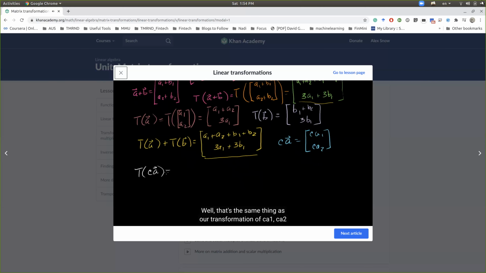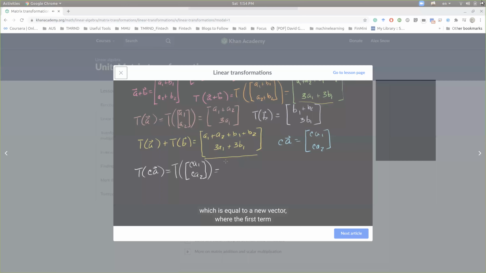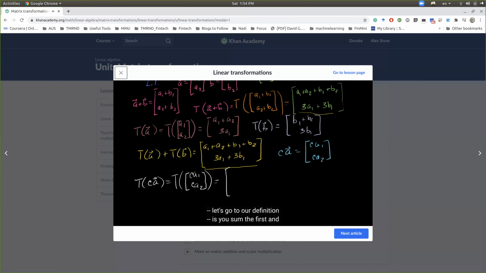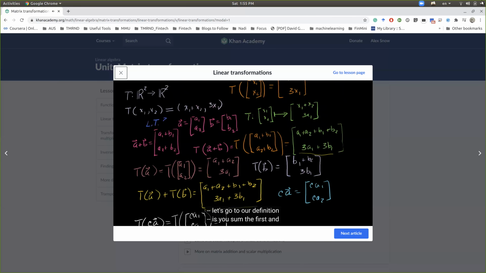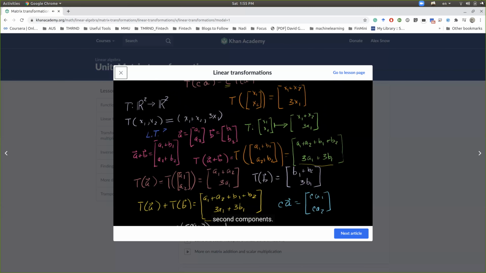Well, that's the same thing as our transformation of CA1, CA2, which is equal to a new vector where, going to our definition, you sum the first and second components for the first term, and the second term is 3 times the first component.